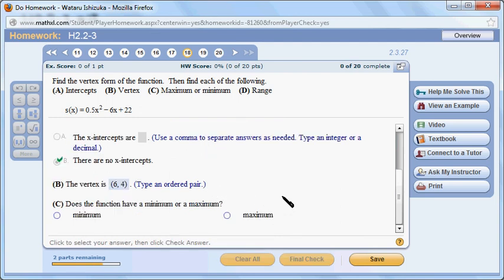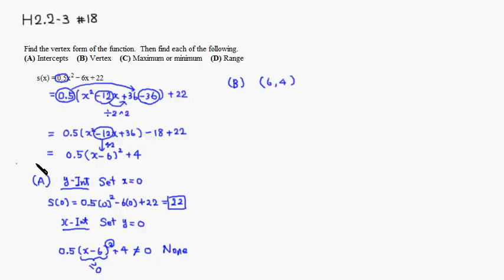And the next one, does the function have a minimum or maximum? We have to pay attention to the leading coefficient, which is 0.5. It is positive. So if you have a positive leading coefficient a, it means that the parabola is facing up, so we'll only have a minimum at the vertex.